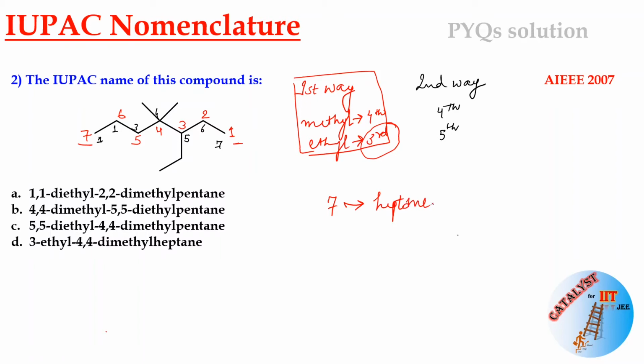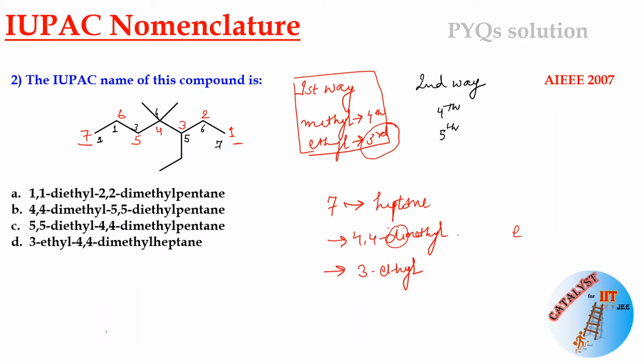Now on the 4th position 2 methyl substituents are there, so it will be 4,4-dimethyl, because 2 is there, so you have to add di. And on the 3rd position there is ethyl, so it will be 3-ethyl. And according to the rule, you have to write the substituents in alphabetical order.